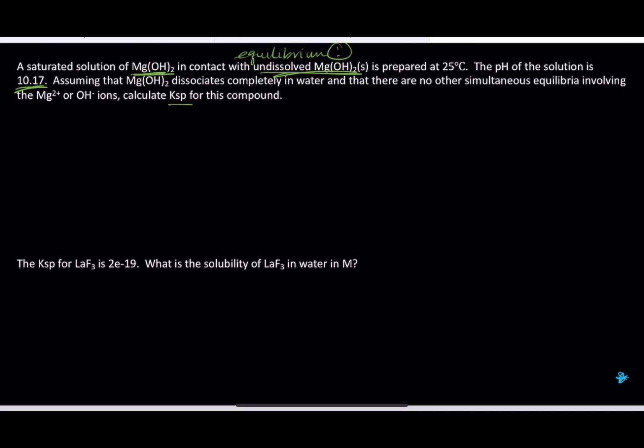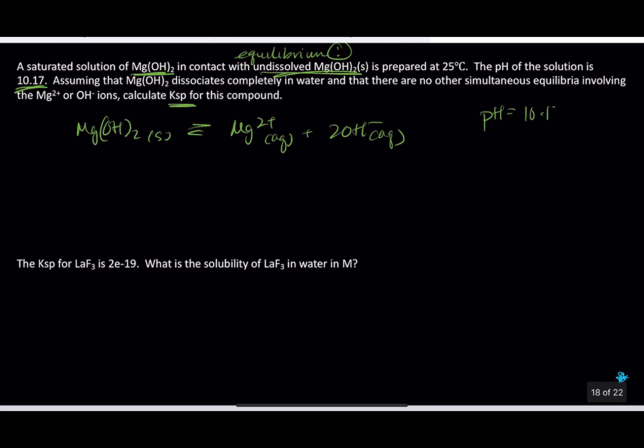Calculate Ksp. First, let's start with our equations. Magnesium hydroxide in equilibrium with its respective ions, like that. And then it says that we have a pH of 10.17. What's the significance of that? The pH tells us about the hydronium, which can then tell us about hydroxide.